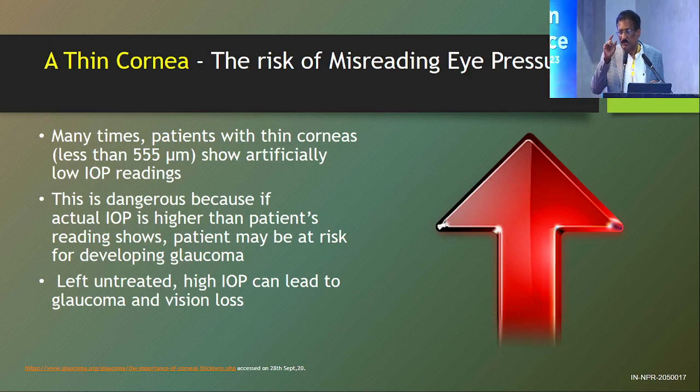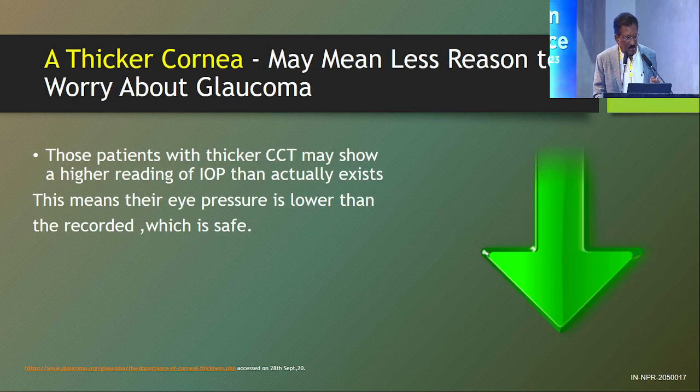Suppose the intraocular pressure is low when you record it in a thin cornea, but the original intraocular pressure is more. That is very dangerous to the patient's progression. And a thick cornea is otherwise a safe area. Suppose there is a thick cornea and you measure high and actually there is no glaucoma, unless you check the central corneal thickness.